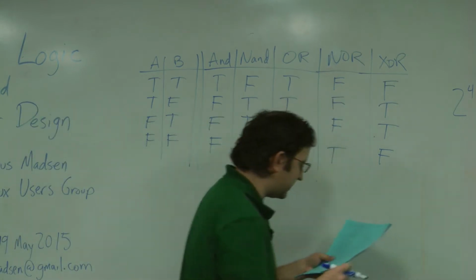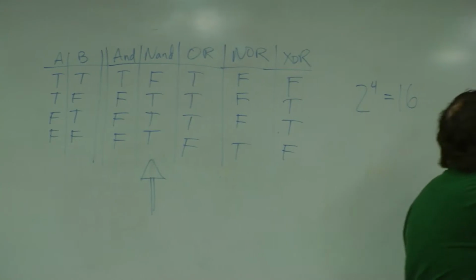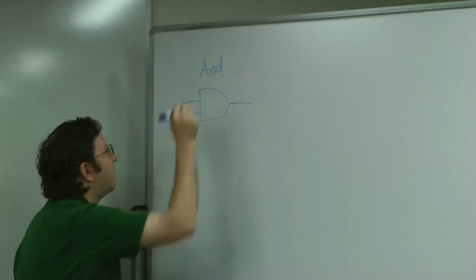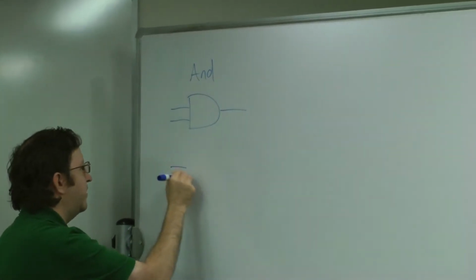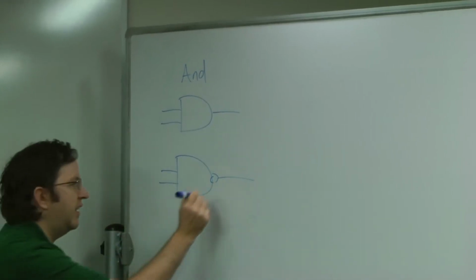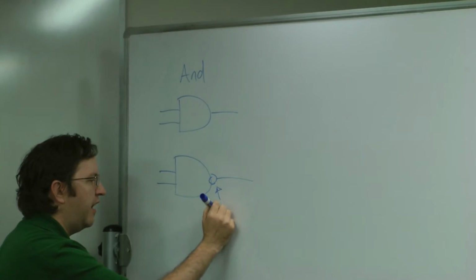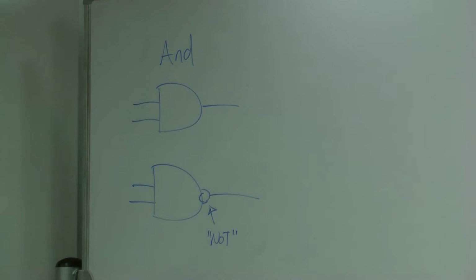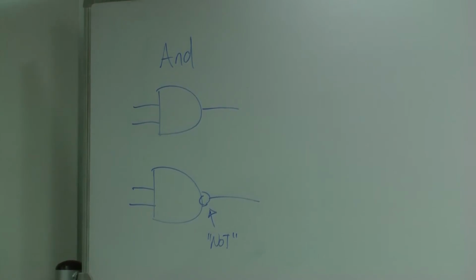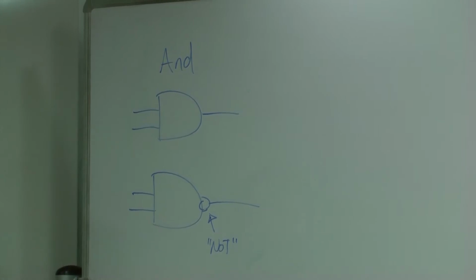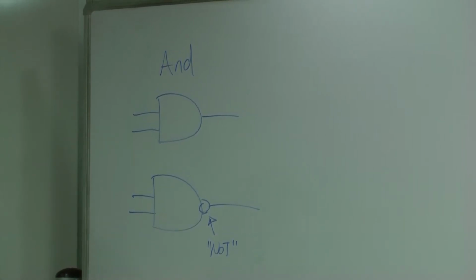So in terms of circuits, these things are typically written like this. So here's an AND gate, and similarly, you would draw a NAND gate with a little circle, which is short for not. And basically, it's relatively simple to create these gates using circuits.